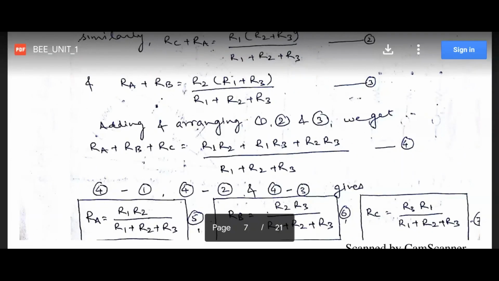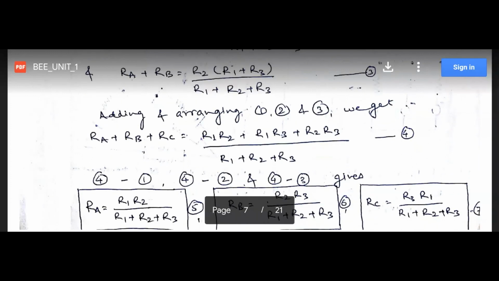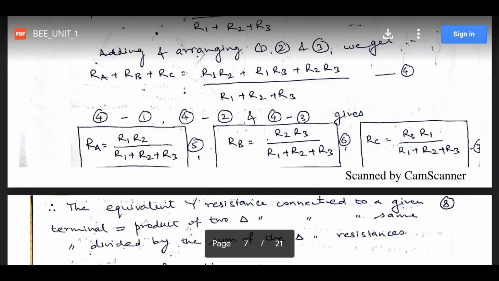Similarly, if we subtract equation number 2 from 4 and 3 from 4, we will get the values of RB and RC respectively. Now we will label these RA, RB and RC values as equation number 5, 6 and 7.